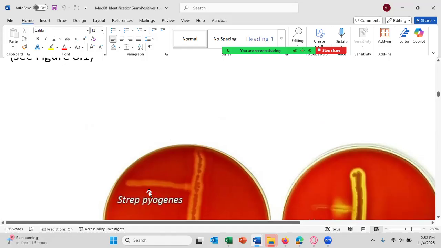Streptococcus pyogenes is beta hemolytic, so there's a clear region around it. There is no enhanced hemolytic activity around the growth of Streptococcus pyogenes near the Staphylococcus aureus. So Streptococcus pyogenes is CAMP negative.